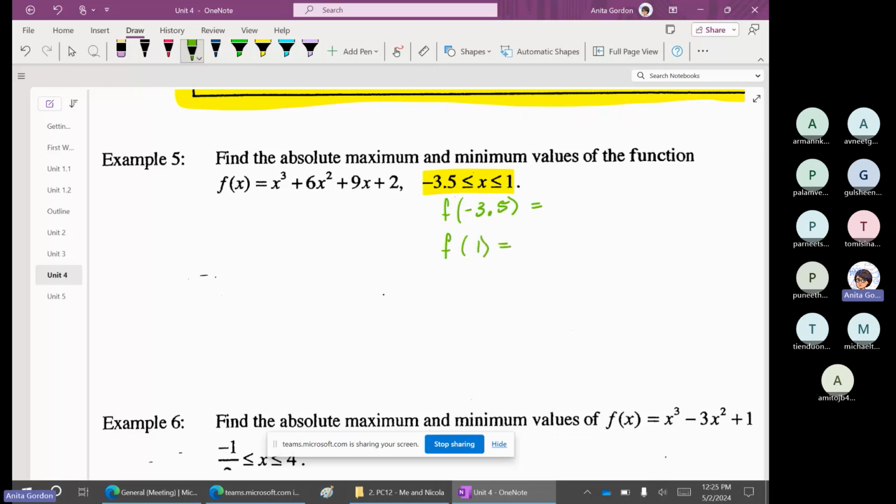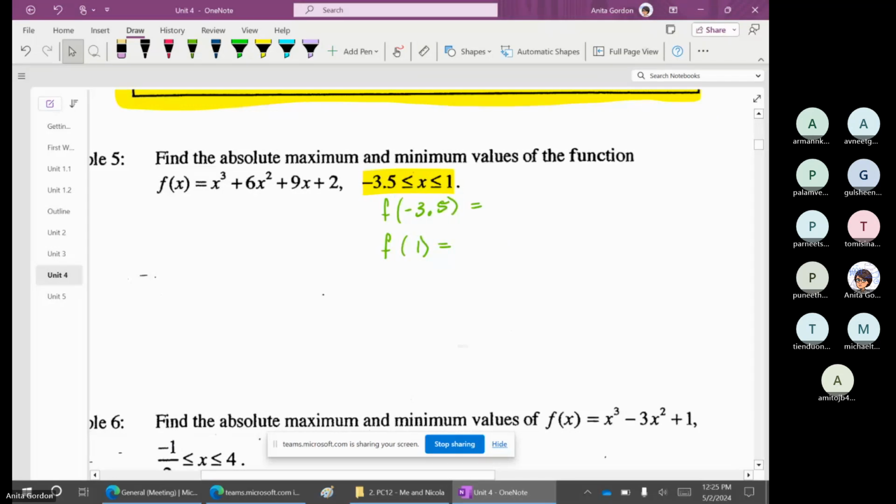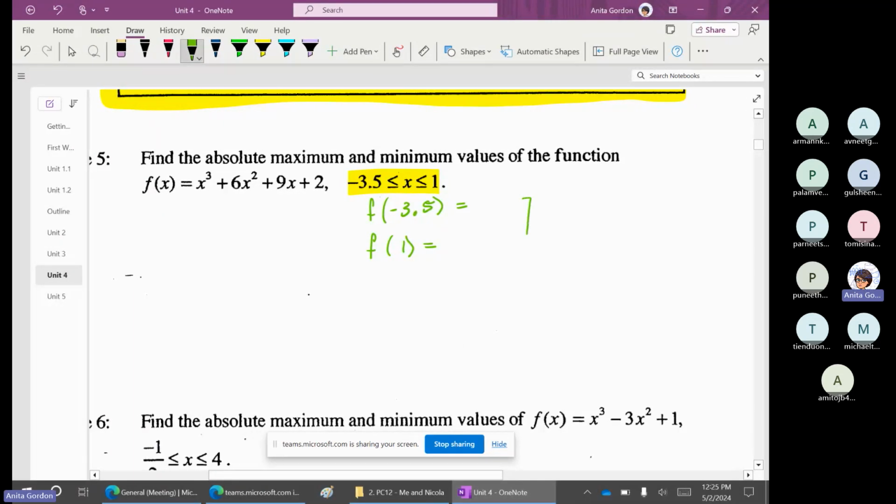Take a moment, grab a calculator, sort it out. These are our endpoints. So what is the y coordinate when x is negative 3.5? What is the y coordinate when x is 1?